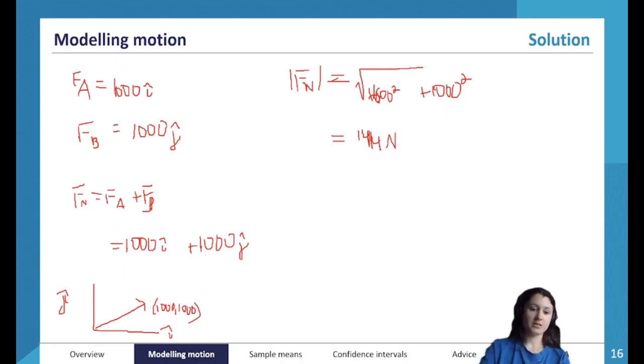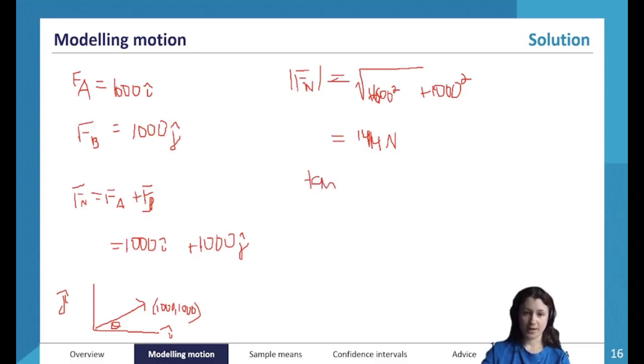Anyway, then to find the angle here, again we need to find this angle there. You could again use that rule of considering that it's an isosceles triangle. When you're looking at the vector plane, I guess it's kind of less obvious to think of that instead of looking directly at a triangle. So what you would do here is how you would usually figure out the angle of a vector, just use tan.